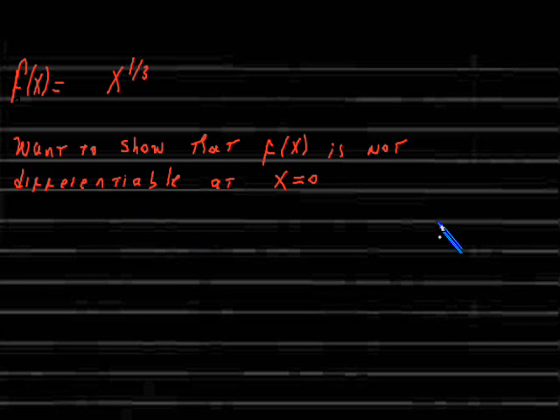So what I'm going to do is use the following definition of the derivative of a function at a point c. f prime of c, the derivative of the function f at the value c, is equal to the limit as x approaches c of f of x minus f of c, divided by x minus c.